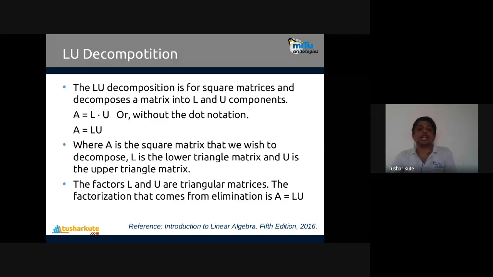The factors L and U are triangular matrices, and the factorization that comes from elimination is A equals L dot U. So the upper and lower triangular matrices are separated, and with the help of them you decompose it. Again, you can go ahead with more decomposition of it.